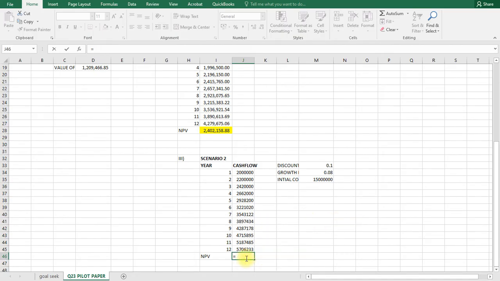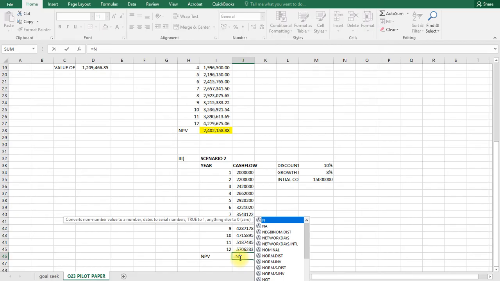NPV. I will tab that, my rate, just a minute. My discount rate was 10%, my growth rate was 8%, hoping it captured the right values. Okay, that way, so this will be NPV.